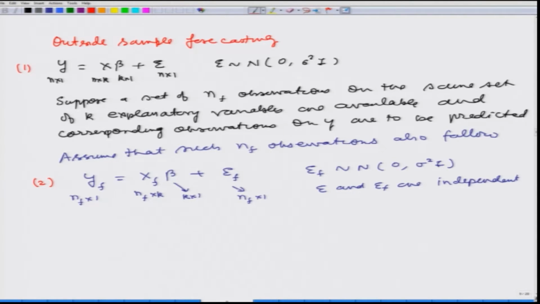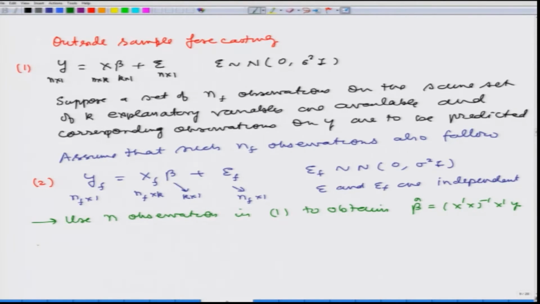Okay. Now, we have to do the forecasting. The forecasting in the case of the outside sample case is done in 2 steps. The first step is to use the n observations in model number 1 to obtain the estimate of beta as beta hat is equal to (X transpose X) whole inverse X transpose y.